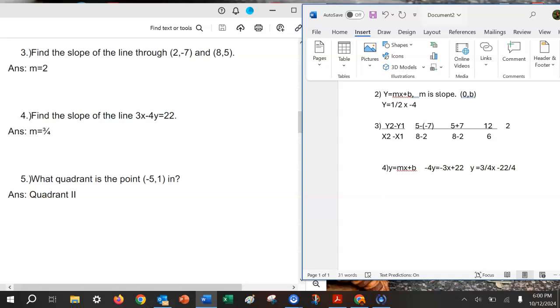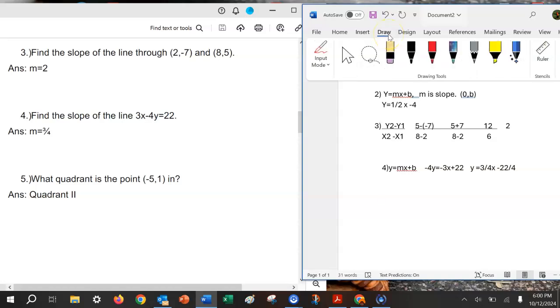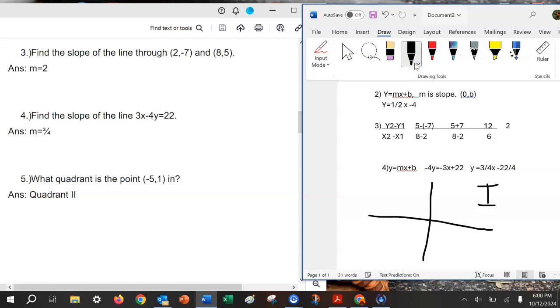Now, when it talks about the quadrants, it would be really nice if you get some of these. I hope you do. I'm going to draw something really quick here. Quadrant 1, 2, 3, and 4. And they like to use Roman numerals, so I'll go ahead and use Roman numerals.